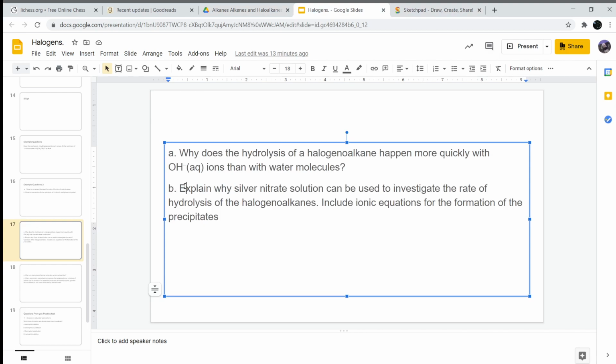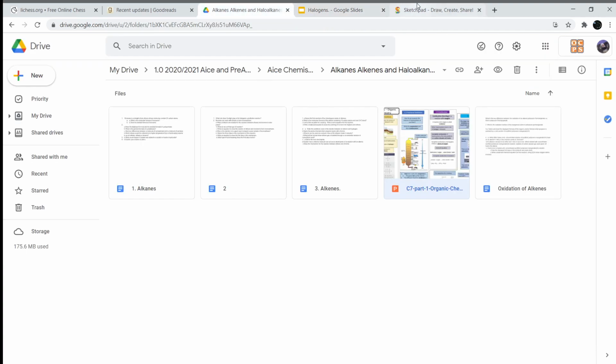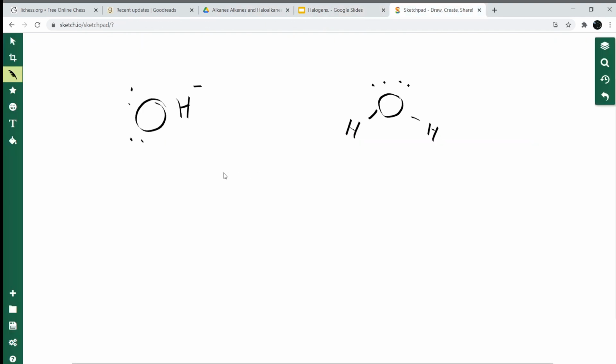Next, it asks us why we would use silver nitrate to investigate the rate of hydrolysis for the halogenalkanes. Okay, so we have to explain why, when we take one of these molecules right here, we would have silver nitrate with it. And the answer has to do with what our waste product was.